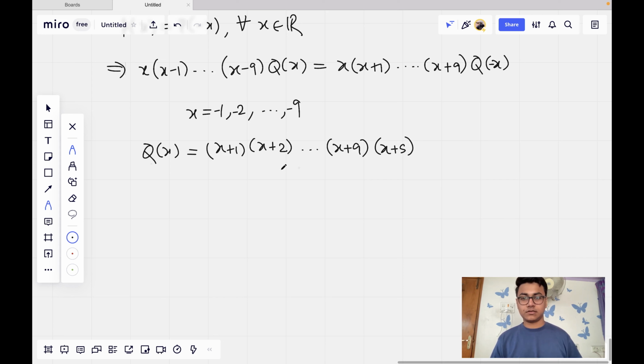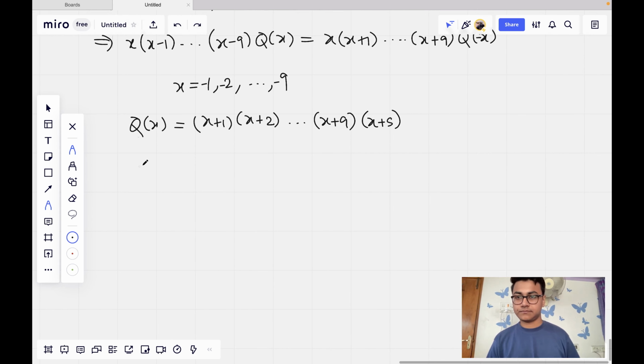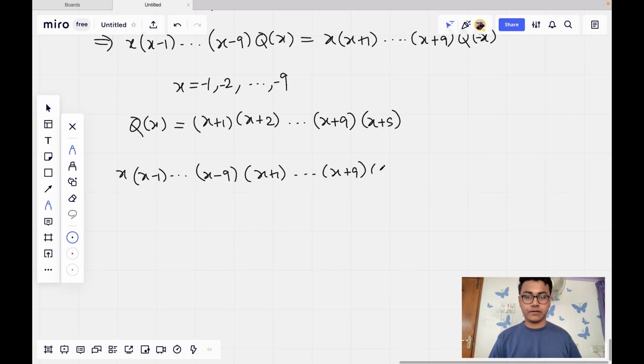Putting this expression for q into the above equation gives us x, x minus 1, all the way till x minus 9, x plus 1 till x plus 9, x plus s.